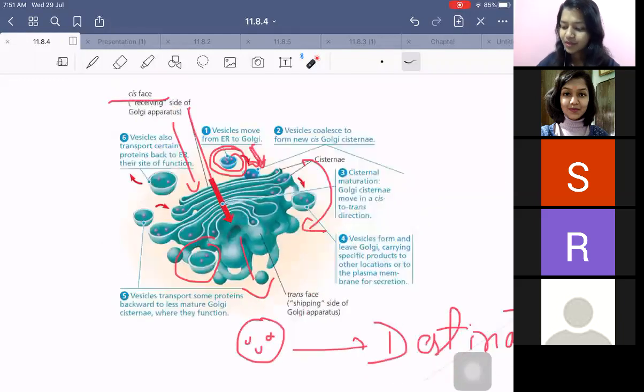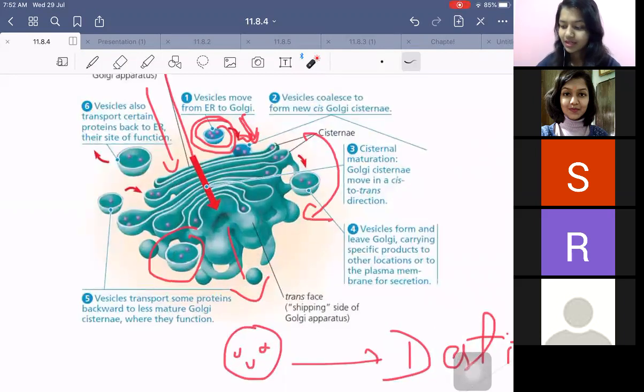It might happen that some of the vesicles do not contain properly modified proteins. Getting what I am saying? It is the human body, right? Some good manufacturing is taking place and some bad manufacturing is taking place, like a machine, a factory. Good, proper manufacturing, as well as improper manufacturing.